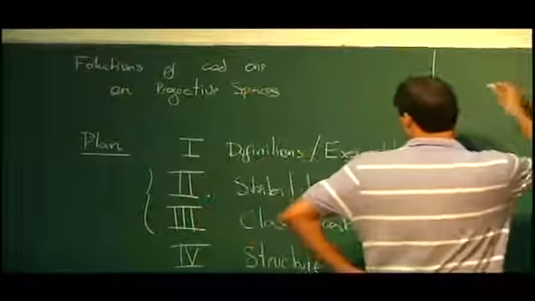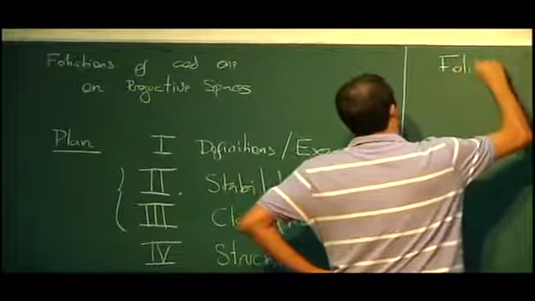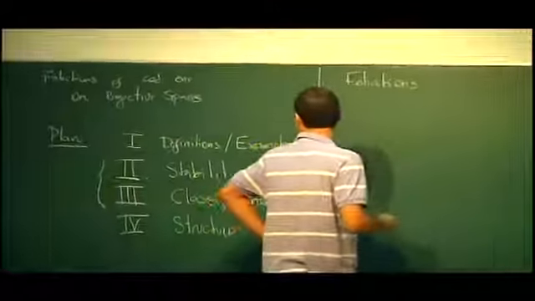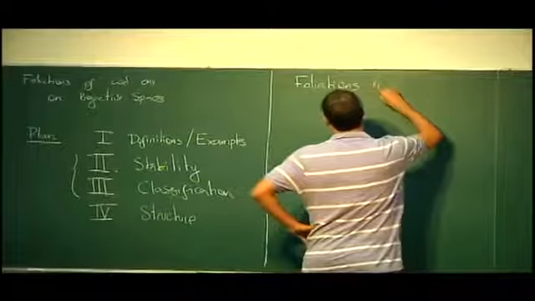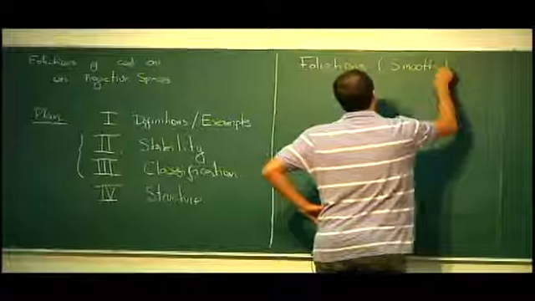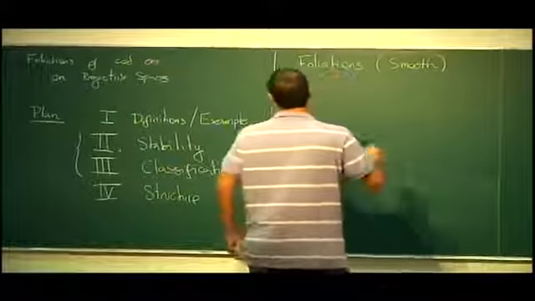So please forgive me if I'm starting with some very basic stuff, but I'm aiming this lecture at students. So I will start by defining a smooth foliation on a complex manifold.